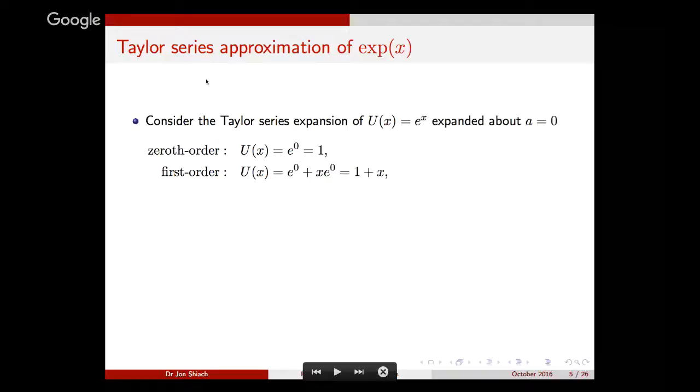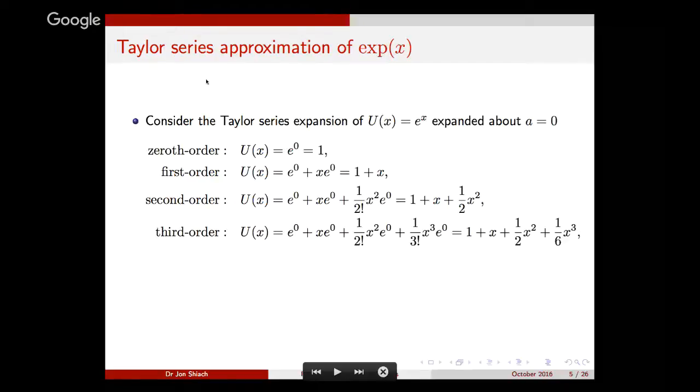The derivative of e to the x is just e to the x, and so that's e to the 0, which is 1. So that's 1 plus x. Second order: we have our first order, which is the same, 1 plus x, plus that term there, 1 over 2 factorial times x squared.